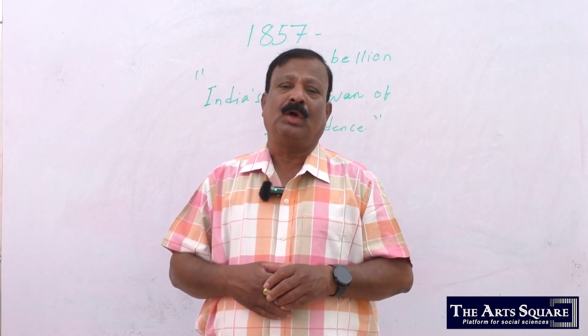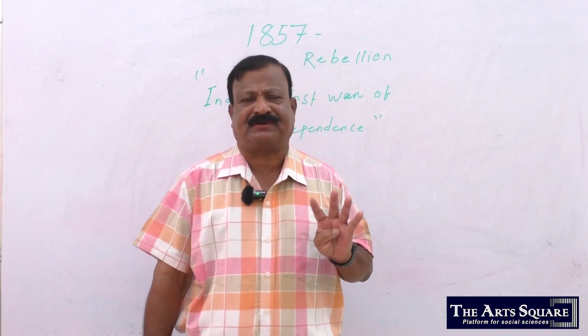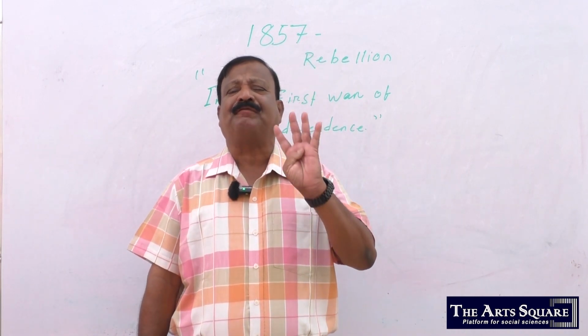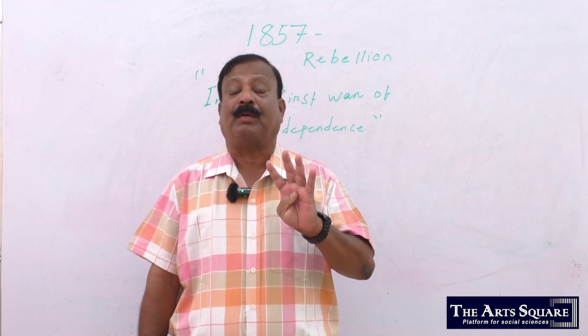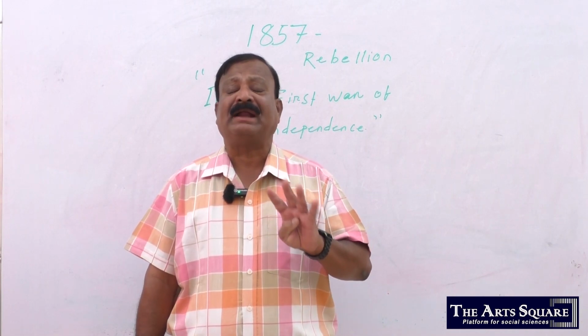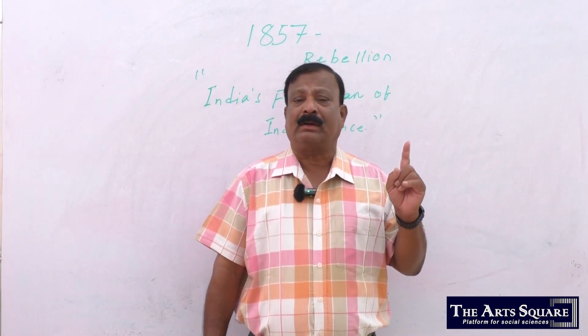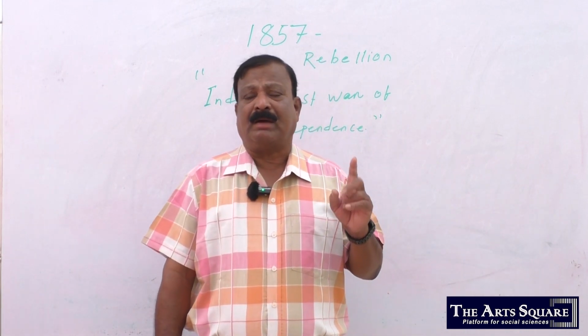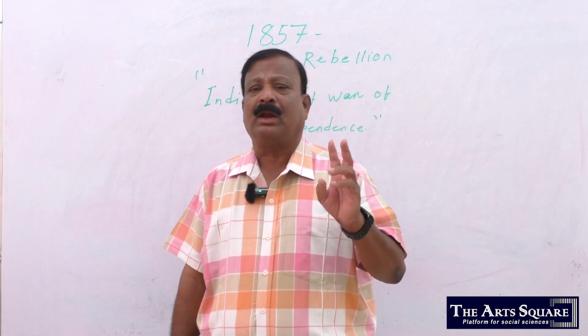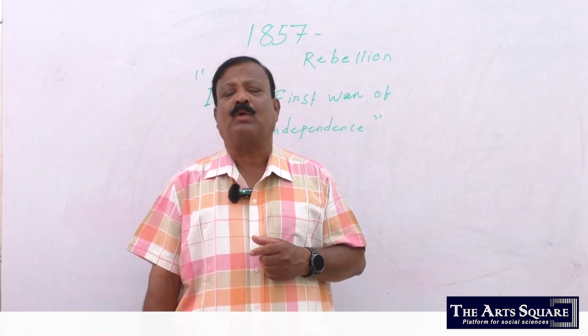Lord Dalhousie. So only four persons were responsible for 200 years of British rule in India. Number one, Lord Clive. Number two, Warren Hastings. Number three, Lord Wellesley. Number four, Lord Dalhousie.